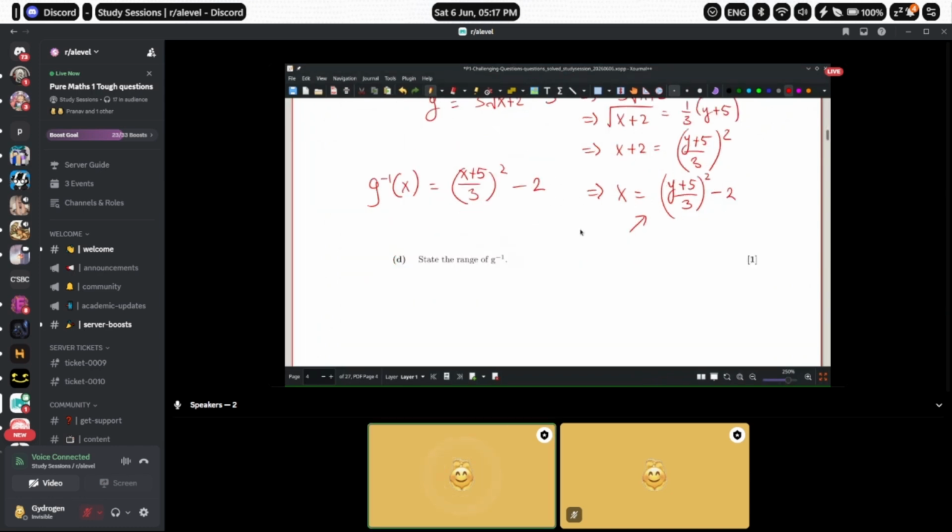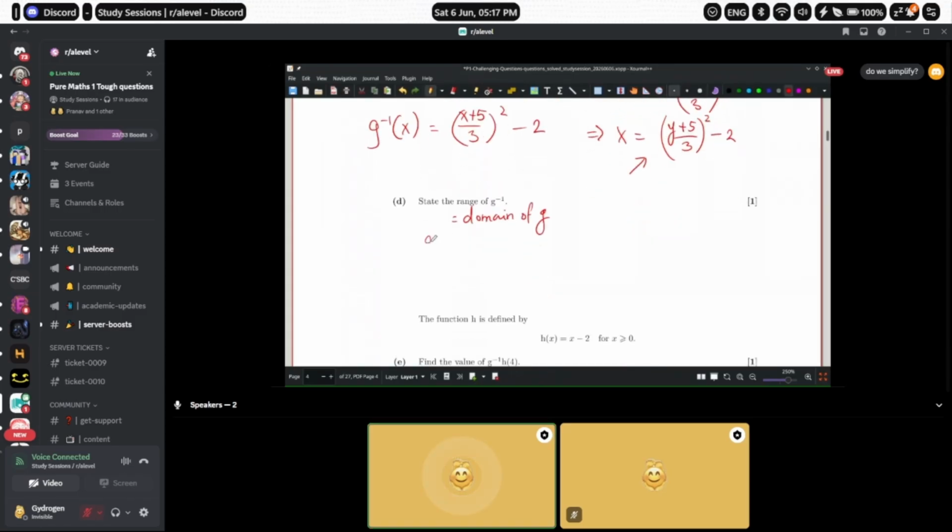And then you know that the range of an inverse function is just the domain of the original function. So this should be the same as the domain of g. And we know that g of x is 3 root x plus 2 minus 5.